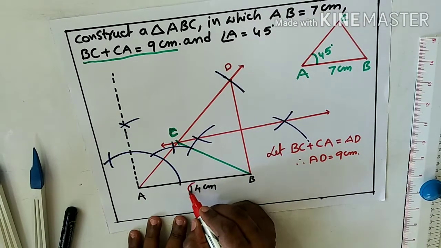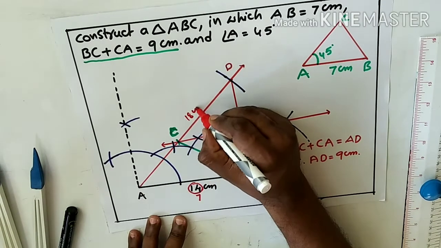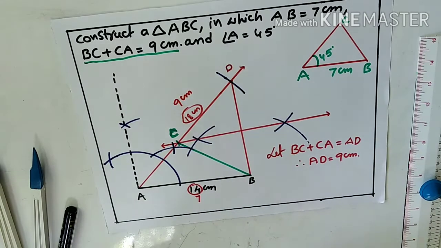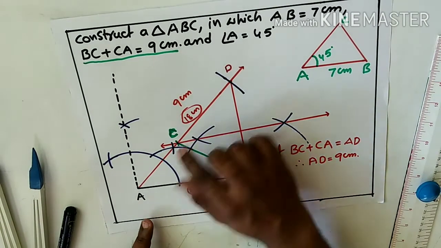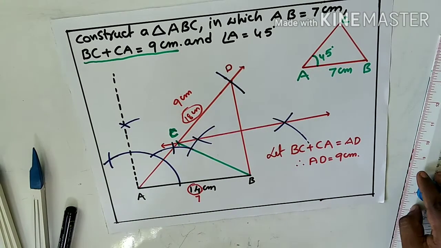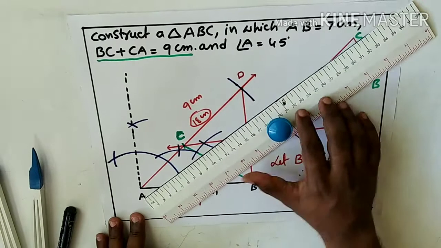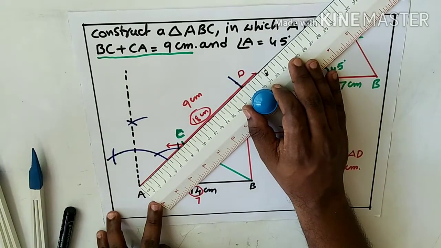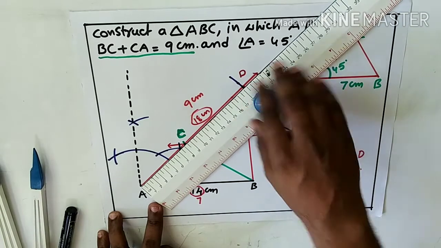Actually AB is 7 centimeters and 18 centimeters I have taken, but this is 9 centimeters. Now if I join AC and BC, how much should come? If you add them together, it should come 9 centimeters, right? See, this is 8 centimeters. I got AC equal to 8 centimeters.